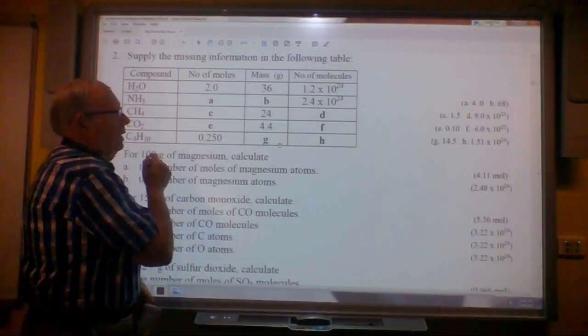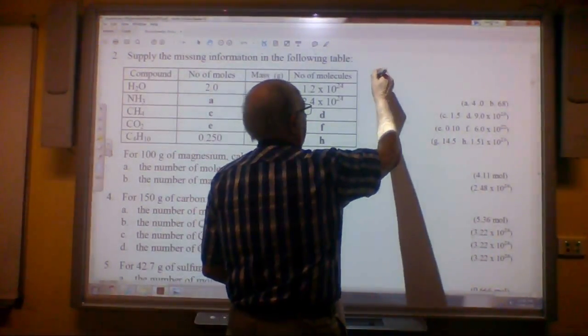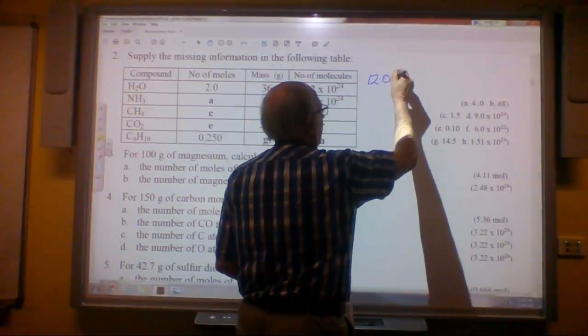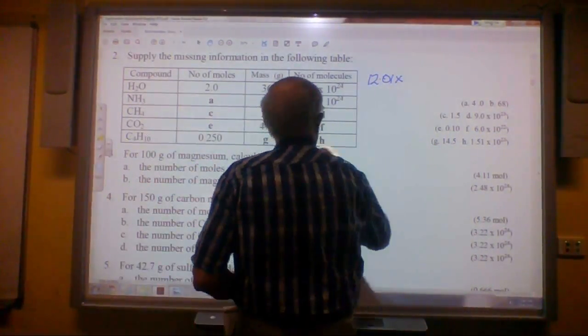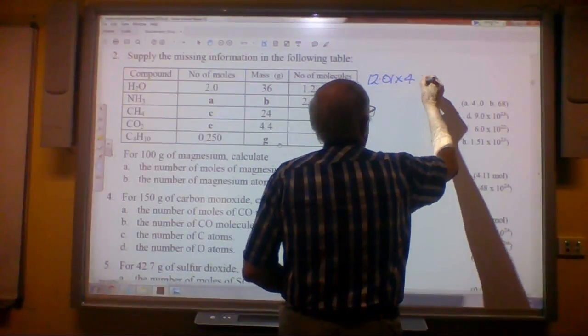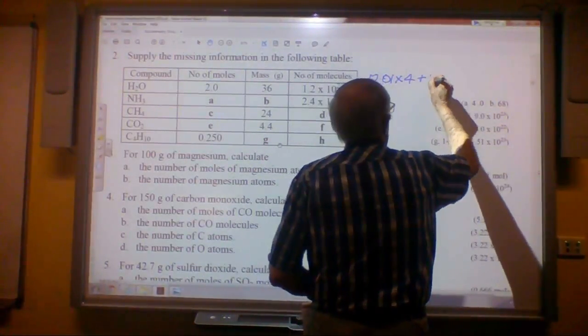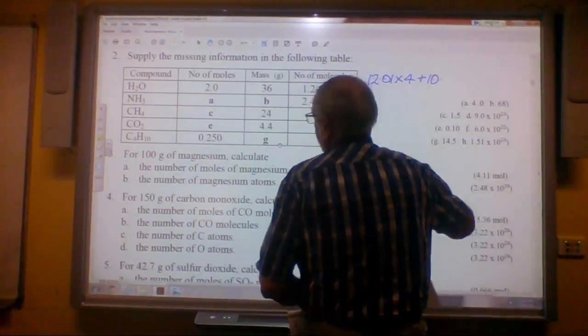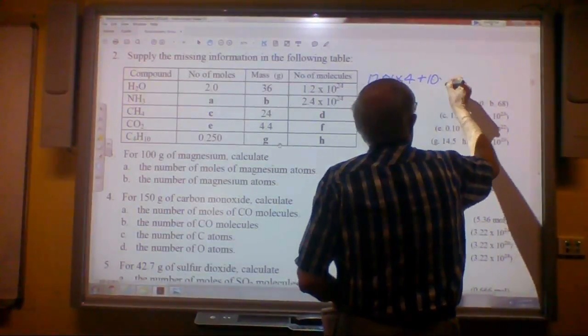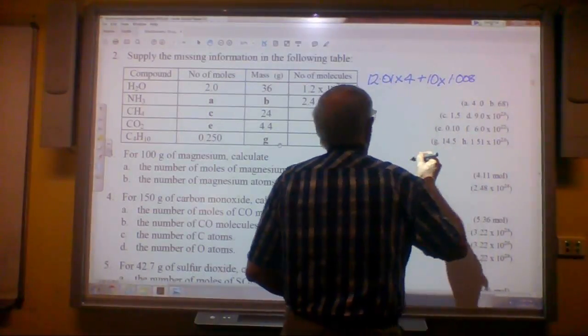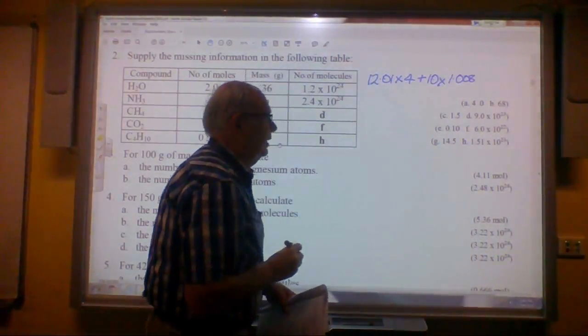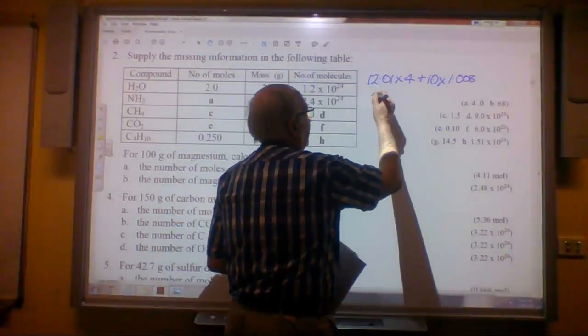Doing that, we take carbon, which is 12.01, multiply that by our figure here of 4 plus 10 times our figure of 1.008.